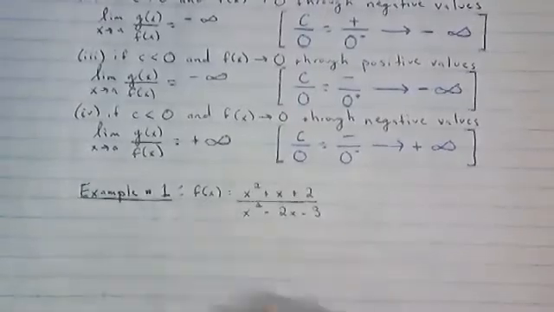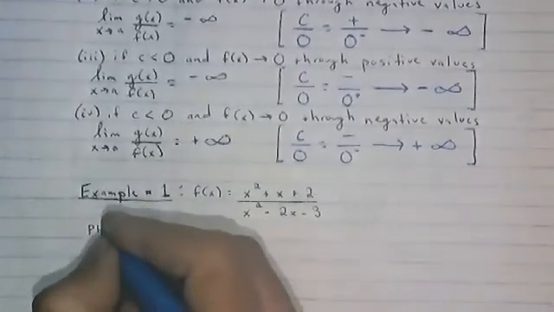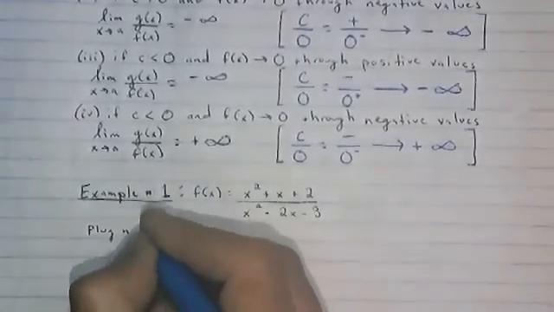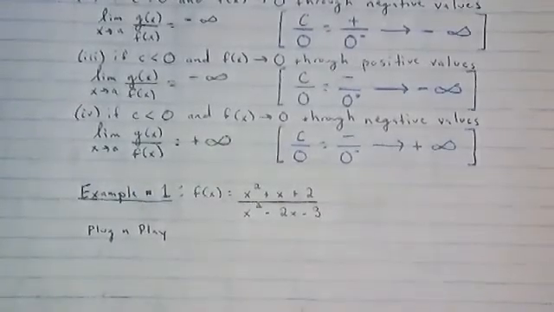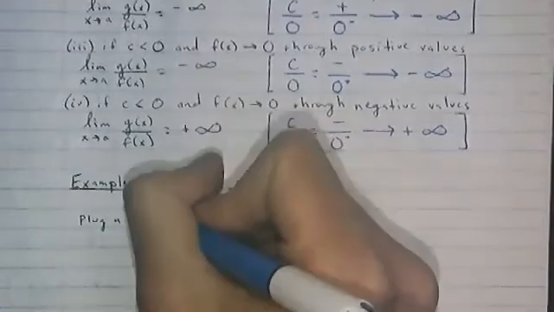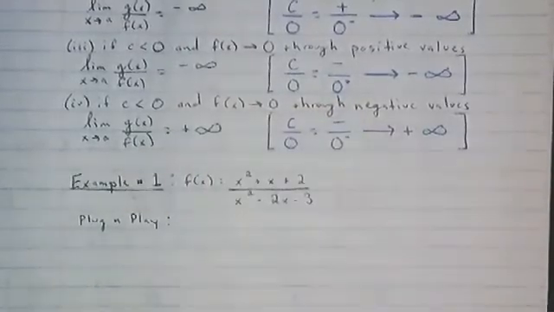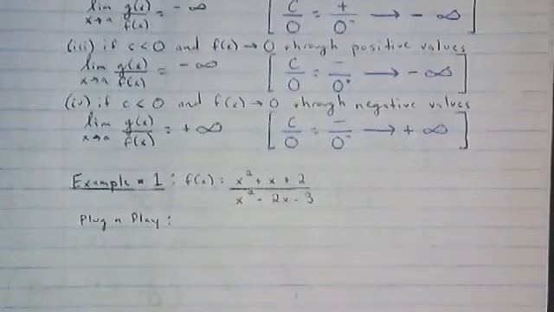First things first, I want to plug and play and see what happens, because maybe we luck out and this just turns into a number and we're like, sweet. I'm not very confident that's going to happen because that would kind of defeat the purpose of having it as an example, but you never know. So plug and play. Oh, but I didn't tell you where we're approaching. 3.